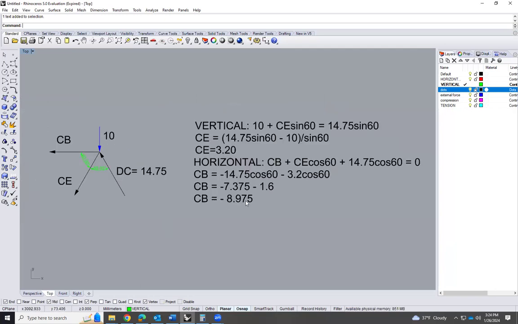So that means that CB is this number, but with a different direction. So I can rotate this one, and CB is 8.975.